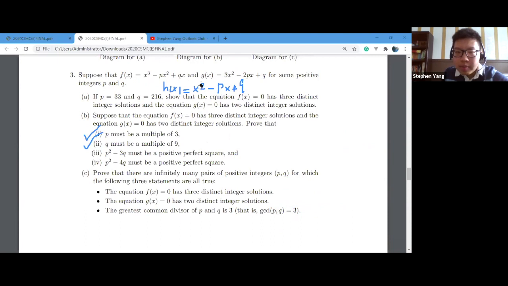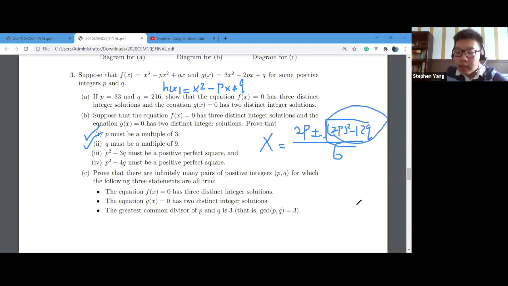And then, for number 3, it'll be by the quadratic formula. So by the quadratic formula in g, x is equal to 2p plus or minus the square root of 2p squared minus 12q, over 6.